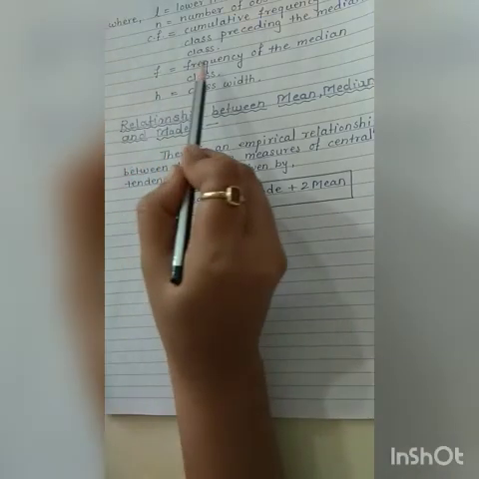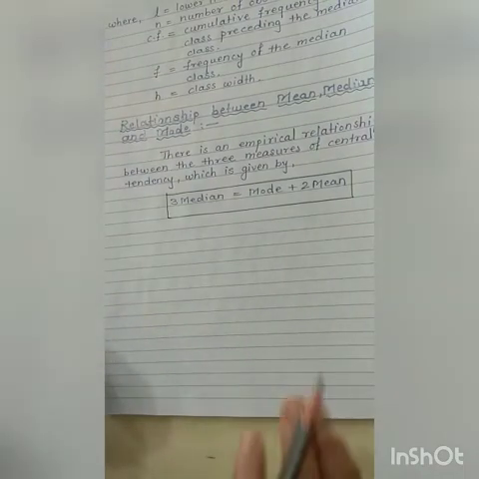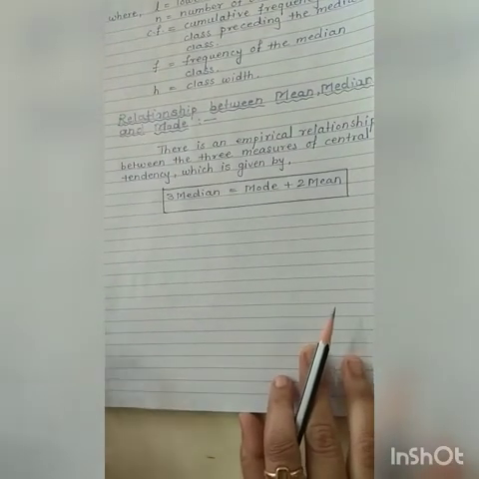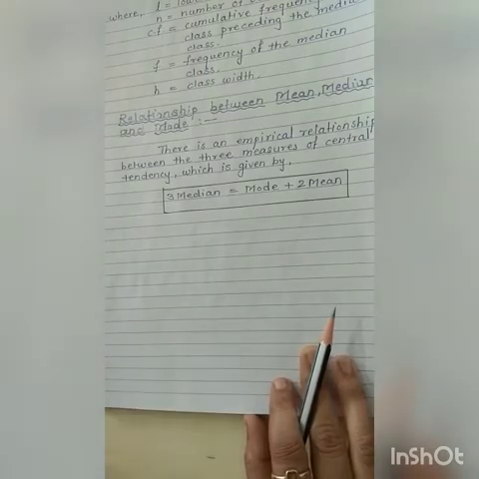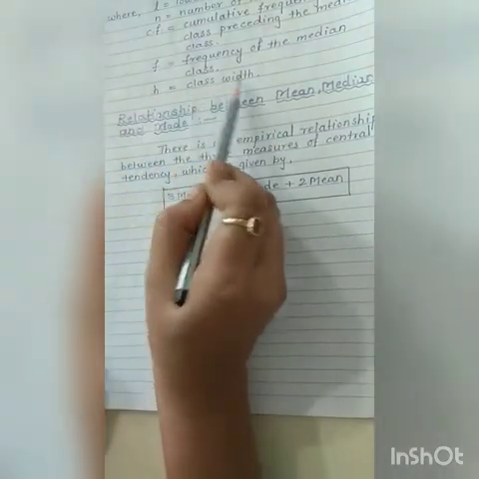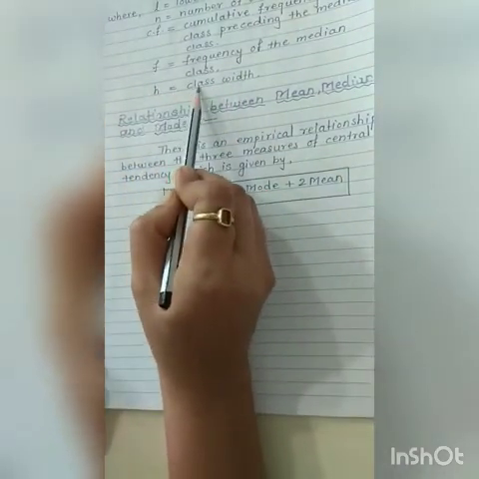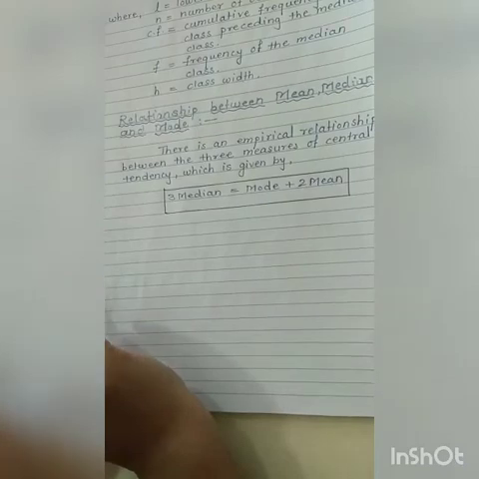Here always the students are going to get confused. F is the frequency, not the cumulative frequency. So F is the frequency of the median class. Here you have to write the frequency, not the cumulative frequency, of the median class. And next, H is equal to the class width. We know how to find the class width. That is the difference between the lower limit and upper limit of the class interval.